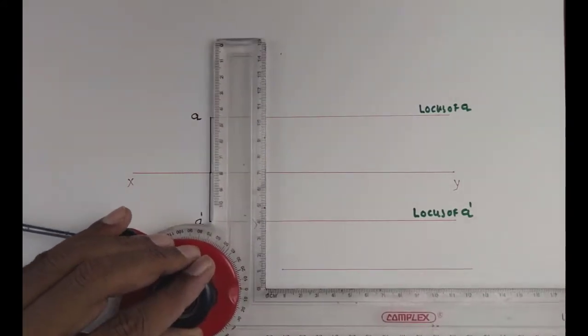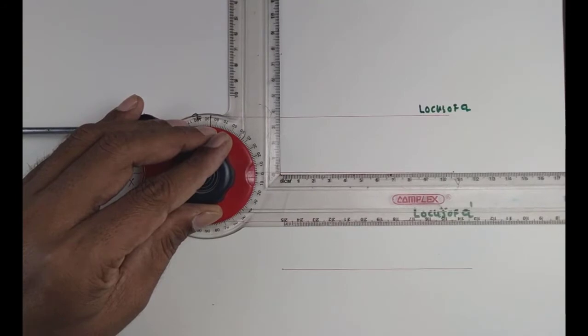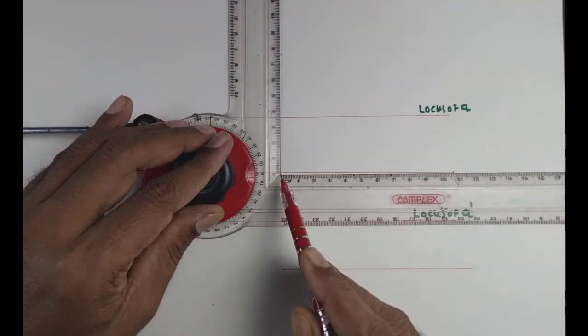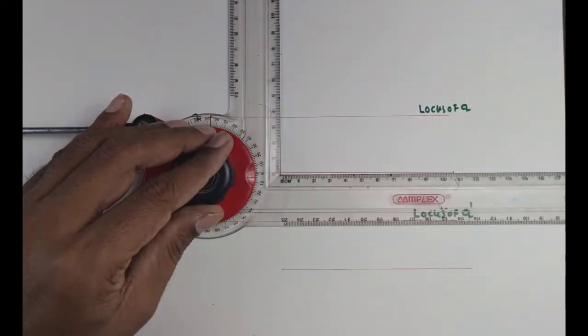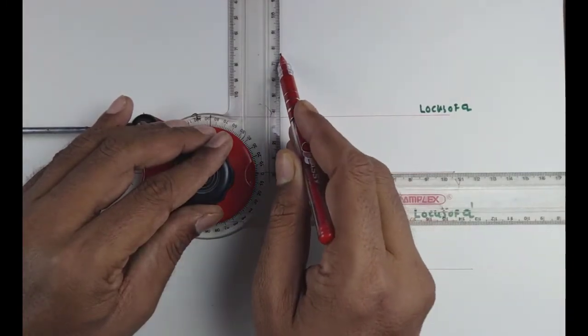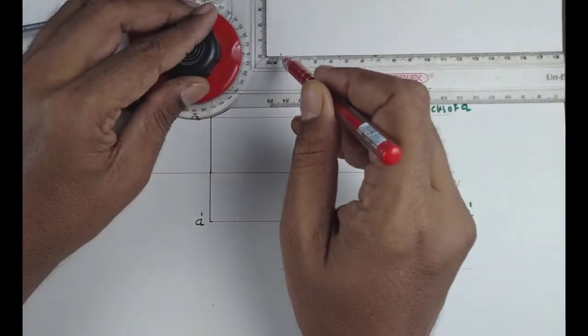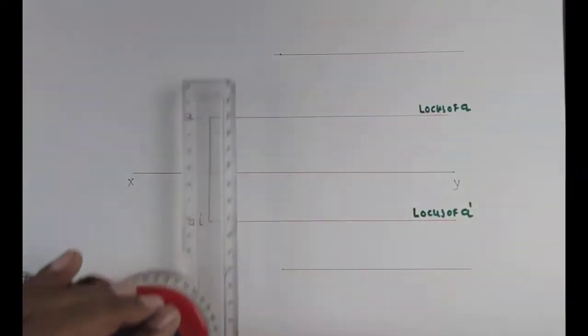Similarly, you can take the point 75 mm behind VP. So again I go from above XY line 75 mm. I mark one point. From this point I draw the locus parallel to XY line.